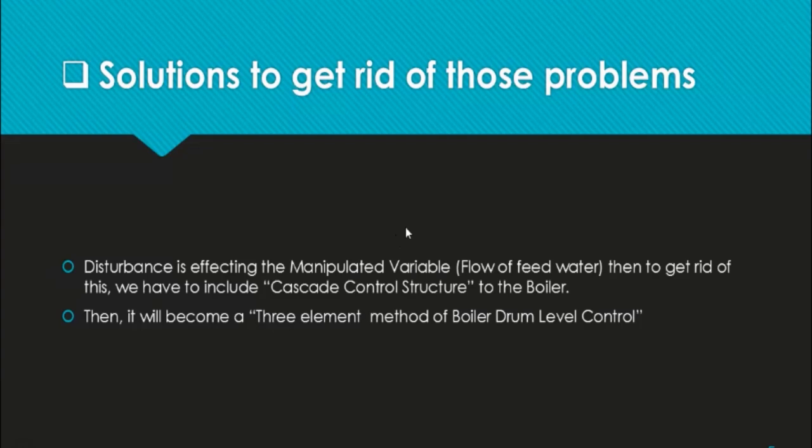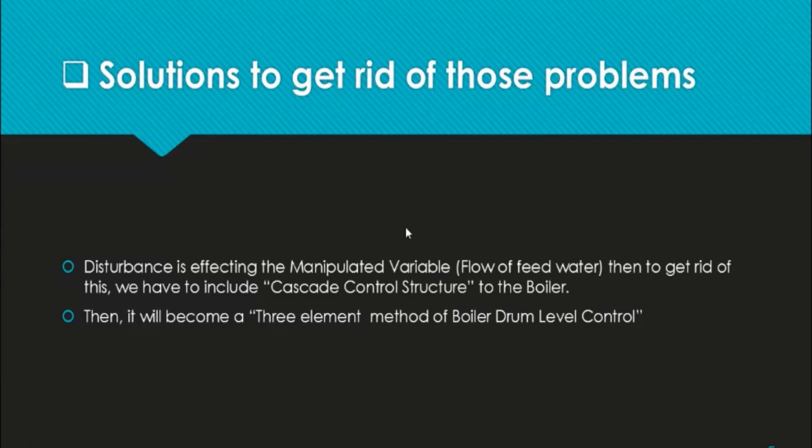Like here, the master loop is the level transmitter connected to the level controller. It is called the master loop, and the slave loop is the flow transmitter of the manipulated variable. From the manipulated variable, our flow can be measured using a flow sensor, and it will be transmitted to the flow controller.